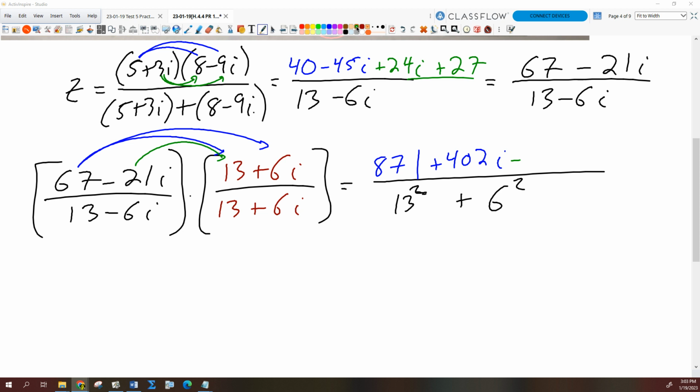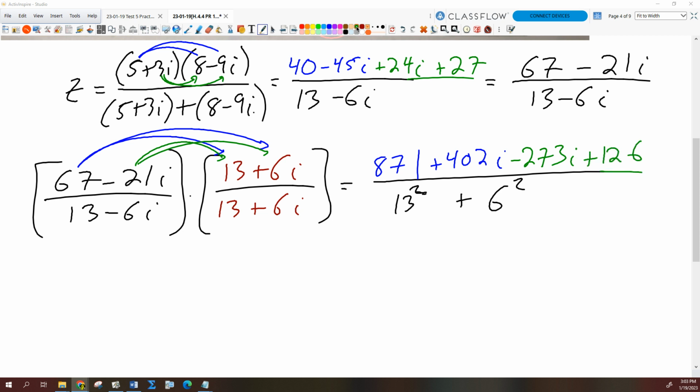And an i. Then negative 21i times 6i, that's negative 126 i squared, so plus 126, right?